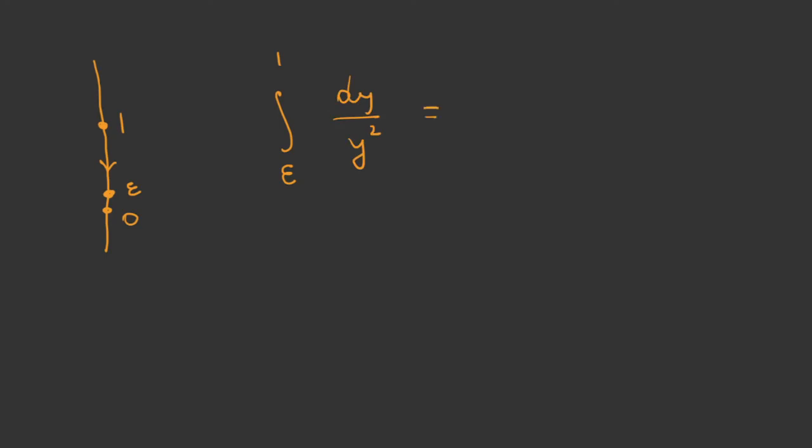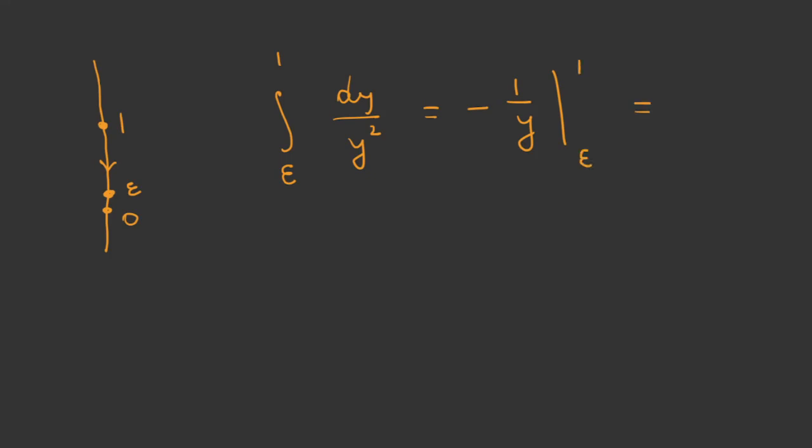This integral is proper. The function that we're integrating is defined and continuous on the entire interval of integration, so there is no problem here. We can find the antiderivative, which is negative 1 over y, and plug in the limits of integration epsilon and 1.